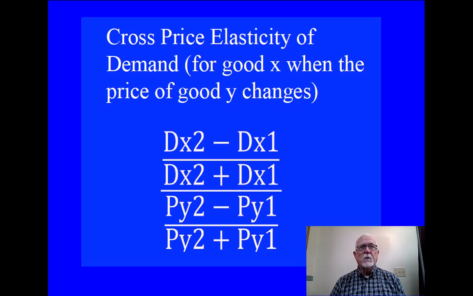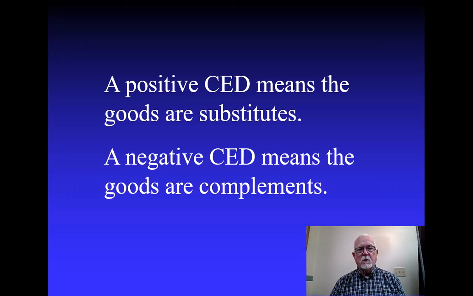So if the price of Coca-Cola goes up, the demand for Pepsi also goes up. And that means people switching out of Coca-Cola into Pepsi. Those are substitutes, at least from my perspective. If, on the other hand, that cross elasticity of demand calculation gives us a negative number, then that means those are complementary goods.